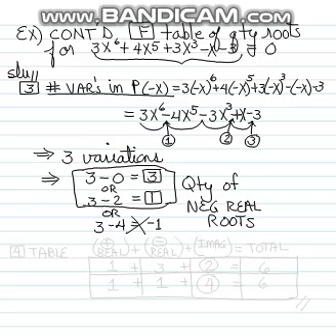Now we're going to take all of our results and we're going to summarize it all on a table with step 4. Making our table here. Okay, now the first column is going to be the quantity of positive real roots. And to that we're going to add the quantity of negative real roots.